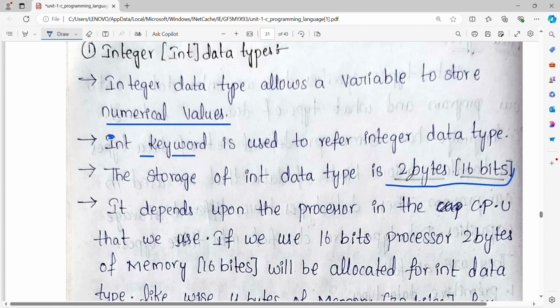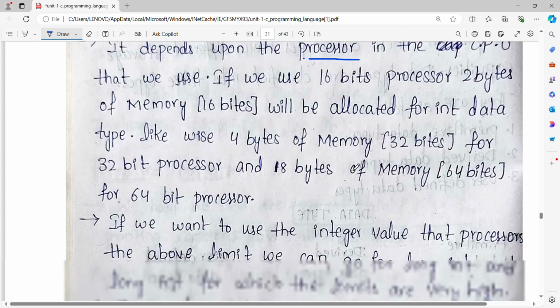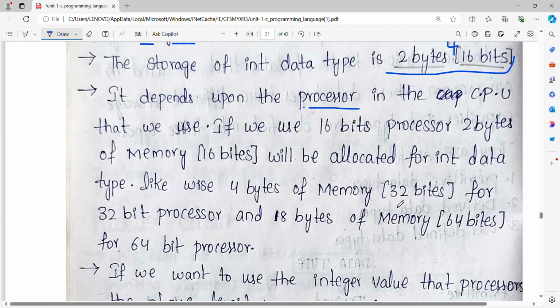That is totally an operating systems topic: 32-bit operations, 64-bit operations. In a 64-bit operating system, it takes 4 bytes. Understood? It depends on the processor.